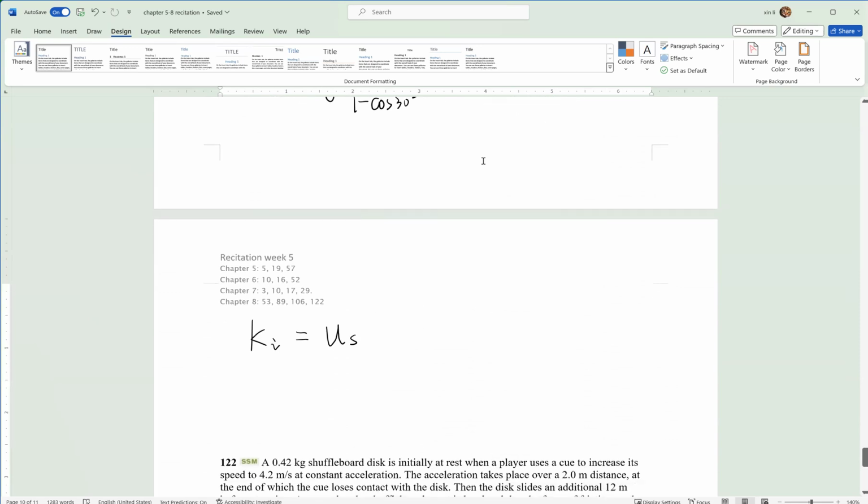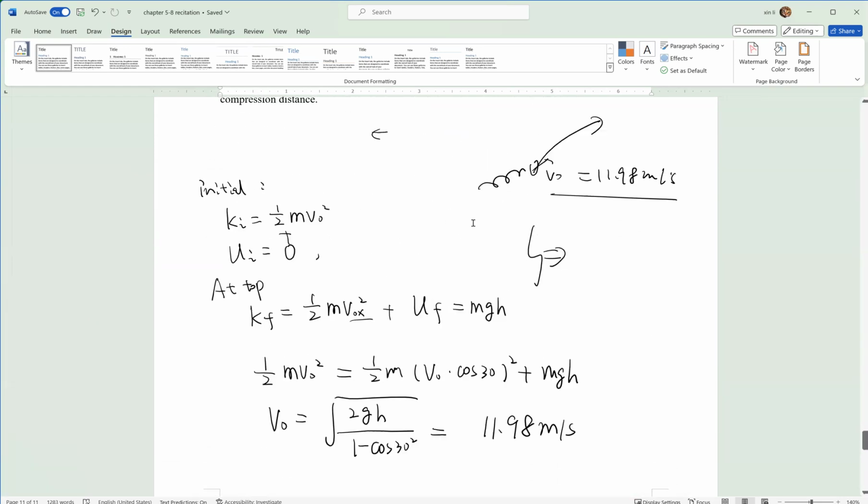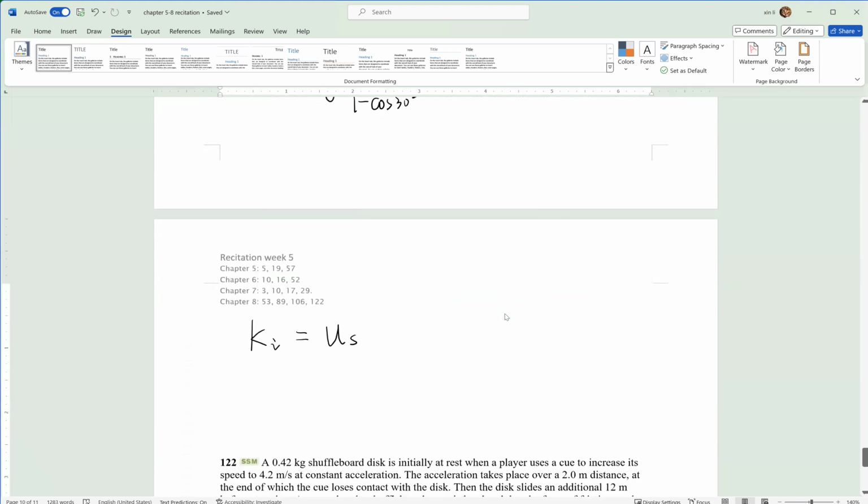Yeah, you may be able to get, yeah, because there is also some potential energy.